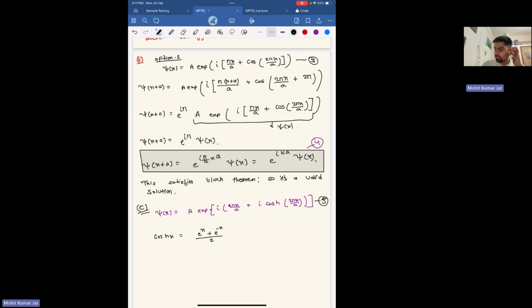So this is cos hyperbolic x, right? Cos hyperbolic x is nothing but e to the power x plus e to the power minus x by 2.